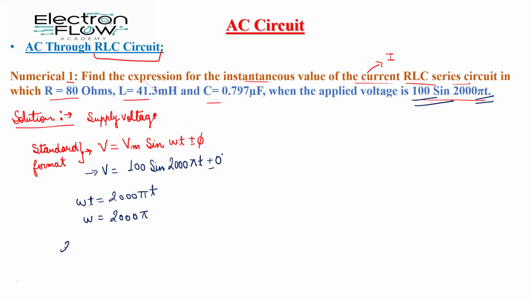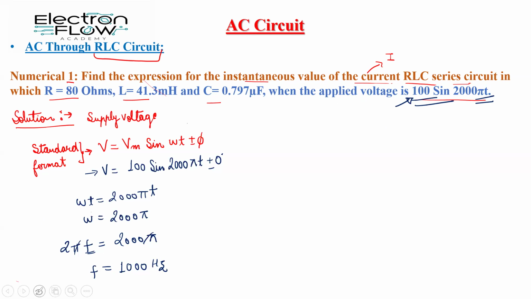We know that omega is 2 pi f, which is equal to 2000 pi. From here, I can calculate the frequency. Pi cancels with pi, and after solving this I get the frequency as 1000 hertz. This is how I can calculate the frequency of the given sinusoidal AC source.